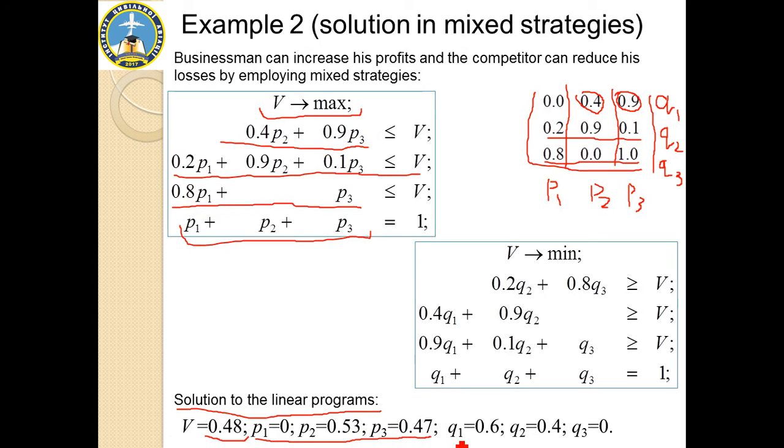And player B, the competitor, employs his active strategies Q sub 1 with a probability of 0.6 and Q sub 2 with a probability of 0.4.